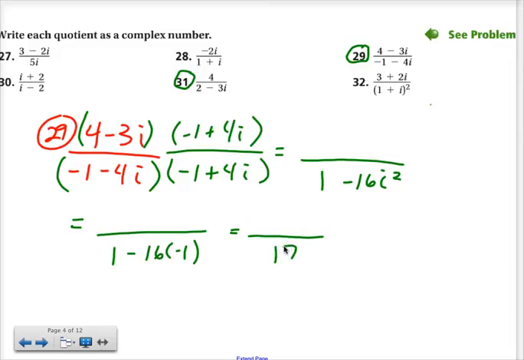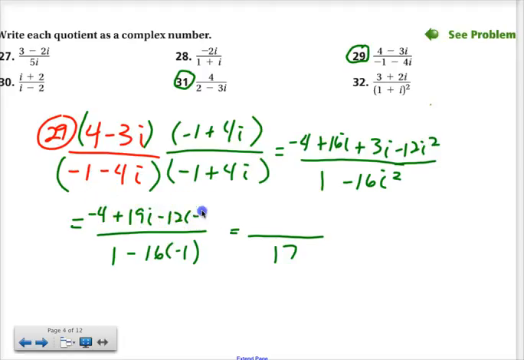In my numerator, I do some FOIL, and I get -4 plus 16i plus 3i, and then minus 12i squared. We can combine some like terms. We have two i terms, so it will be -4 plus 19i minus 12, and then remember i squared is -1.